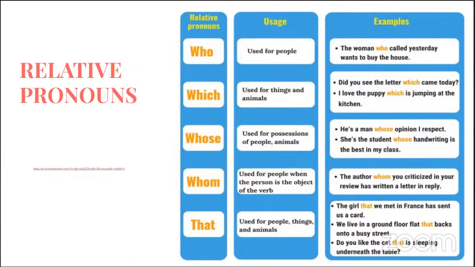So as you can see, in the three examples, we are referring to people, things, and animals, right? So these will be the relative pronouns. Any doubts or questions? No, I think that I understand. Perfect. Remember, an adjective clause is just extra information about the noun.